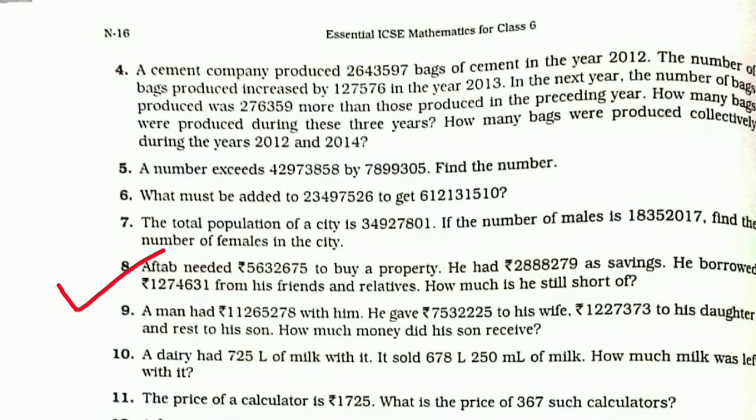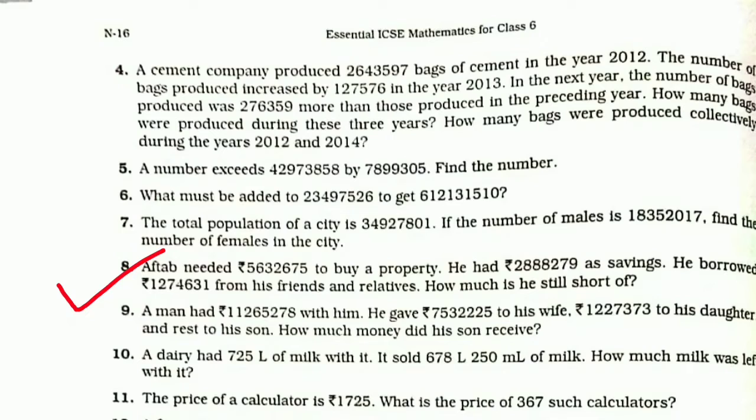Aftab needed 56,32,675 rupees to buy a property. He had 28,88,279 as saving.